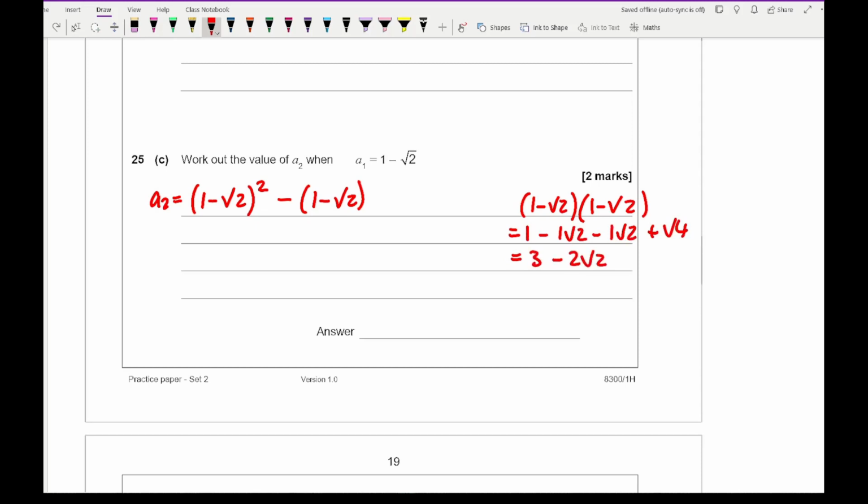So I can substitute this with 3 minus 2 root 2, minus 1 plus root 2, and then 3 take away 1 is 2, and minus 2 root 2 plus 1 root 2 gives me minus root 2.